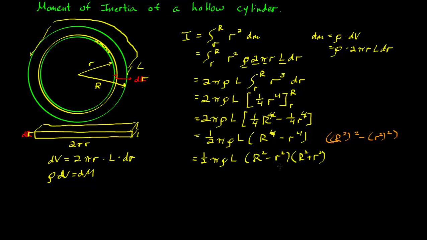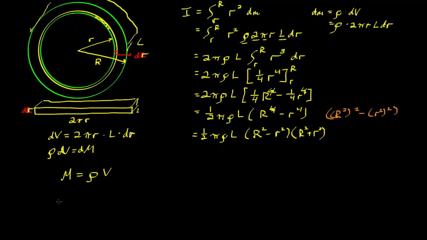So we're going to have to switch everything over to mass, and remember that the entire mass is density times volume. So we want to get the volume of this thing. The volume is area times length. So we need to get the area of this face, and then we would just multiply by length.